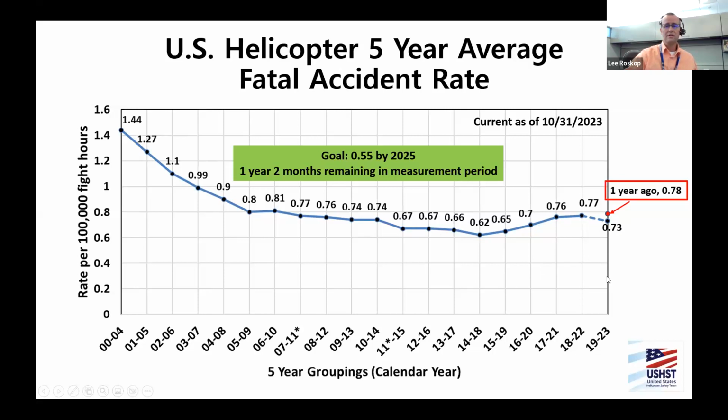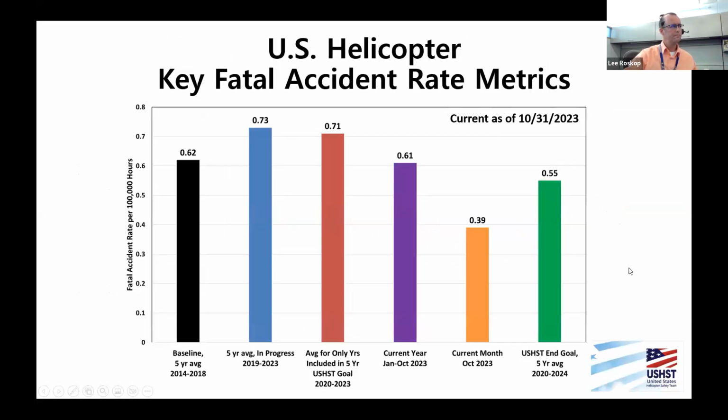The last 2 years have been better: 2022 and now 2023, we've got 2 months left in it, but it's been better as well. So as we see more of those years where improvements in the rate come in, and some of those ones that are pulling the average up drop off, we should see that continue to decline.